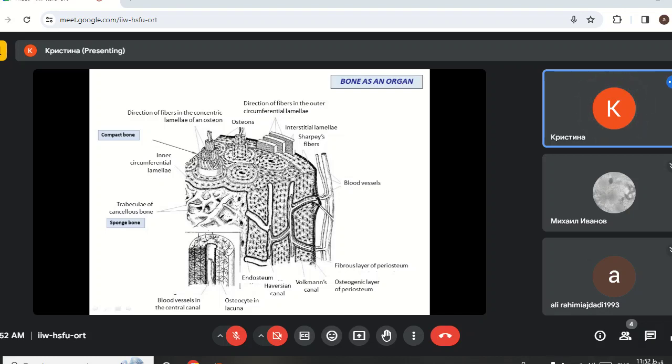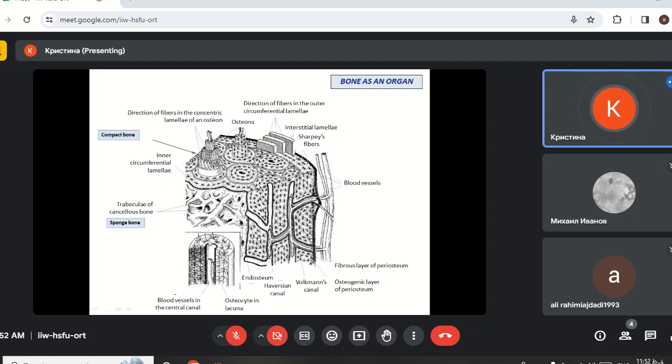So just under the layer of the outer circumferential lamellae, we have the layer of osteons. Layer of osteons contains osteons themselves. One of them you can see here.